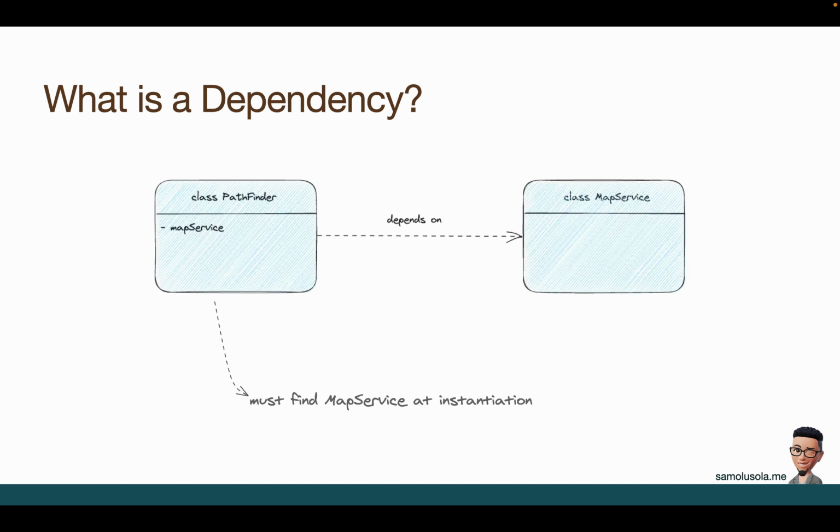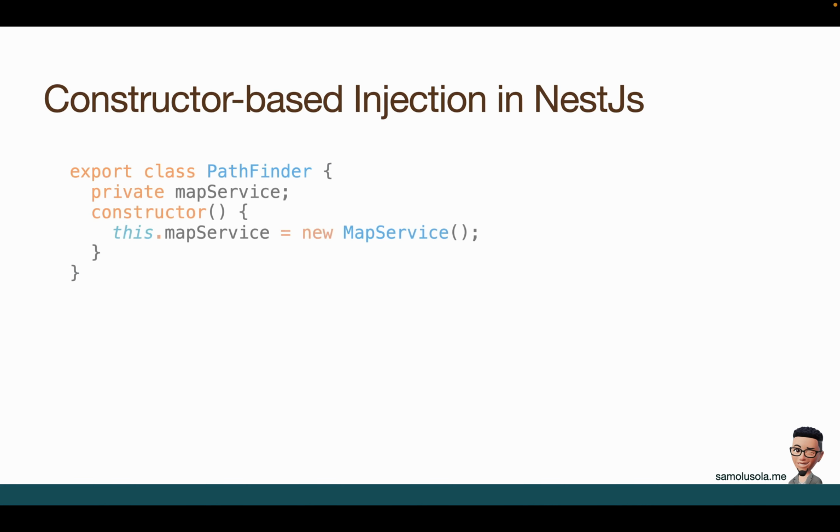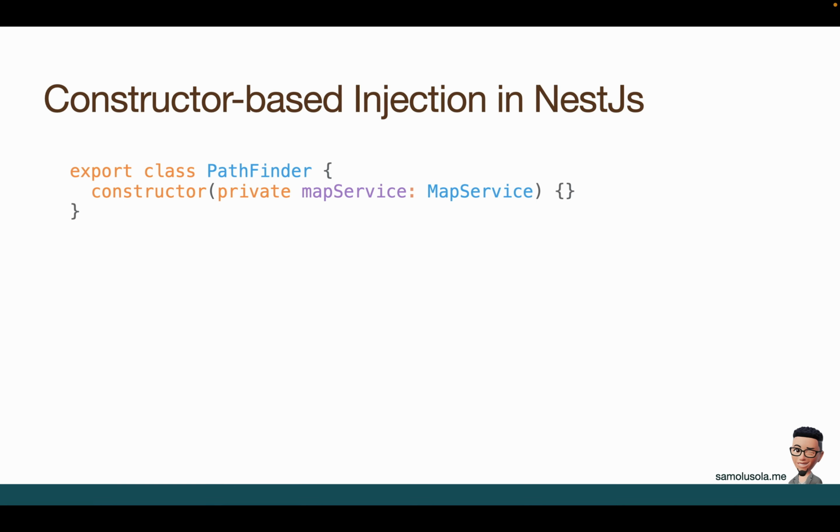We're now going to look at how NestJS enables us to manage this kind of dependencies more easily. We are going to look at the constructor-based injection in NestJS. For us to manage this kind of dependency in NestJS, we are going to transform this class that we have into something like this. Now, instead of the Pathfinder creating an instance of the map service in its constructor, it is only declaring that it needs a map service.